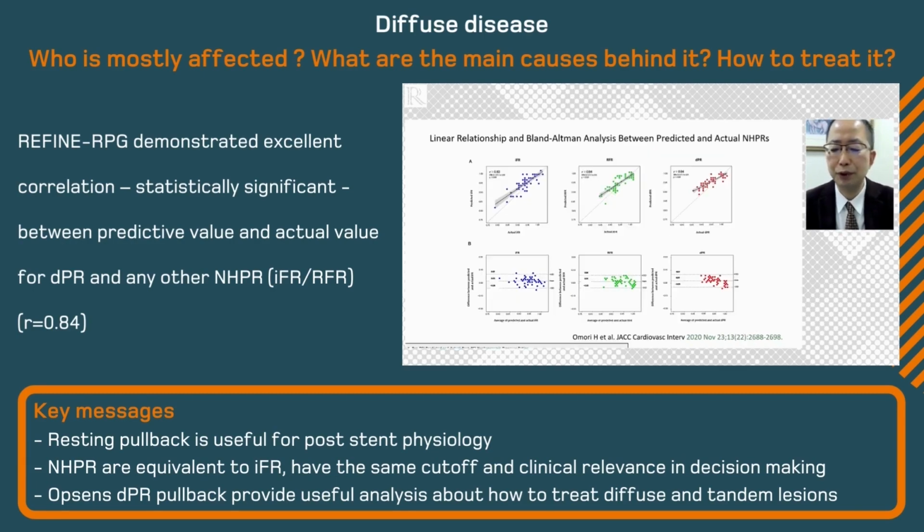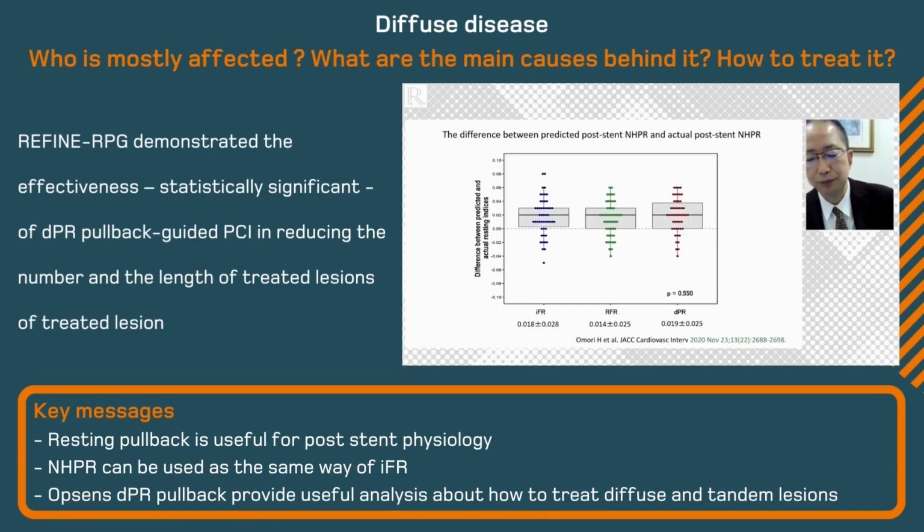The pre-PCI predicted NHPRs had a strong correlation with actual post-PCI NHPRs, as shown here. The differences between pre-PCI predicted and actual post-PCI NHPRs were iFR 0.02, RFR 0.01, and DPR 0.02.